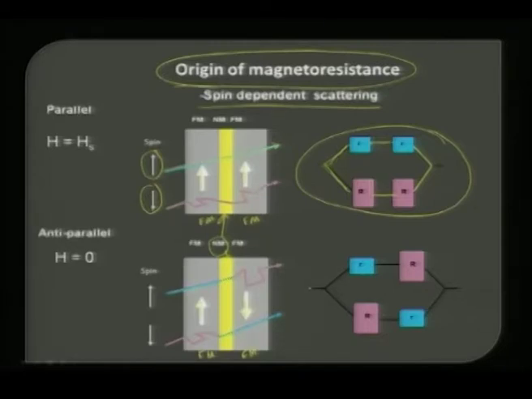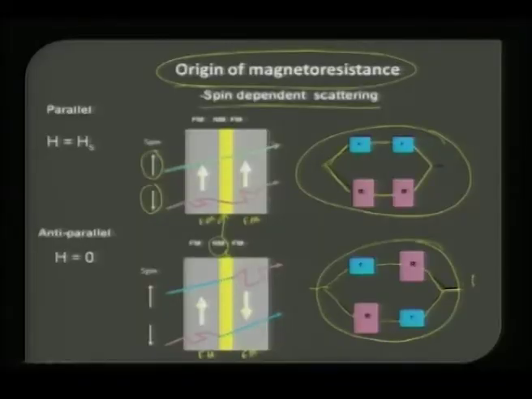Therefore if you draw this resistivity model, you see in both cases there is a higher resistance either way. Therefore overall, this resistance is going to be very high compared to this resistance when the ferromagnets are aligned antiparallel.